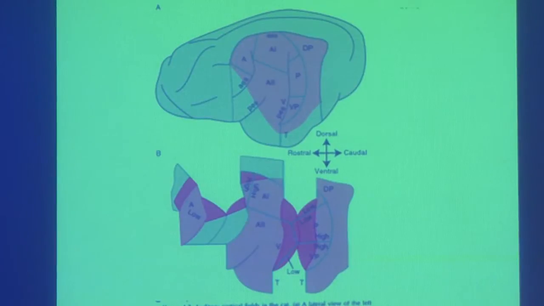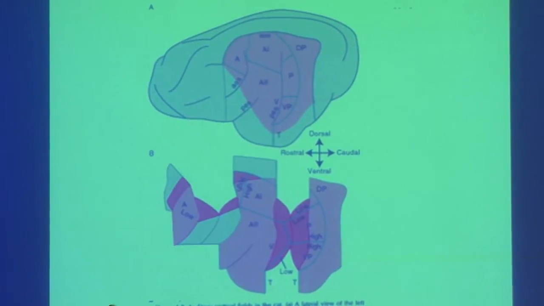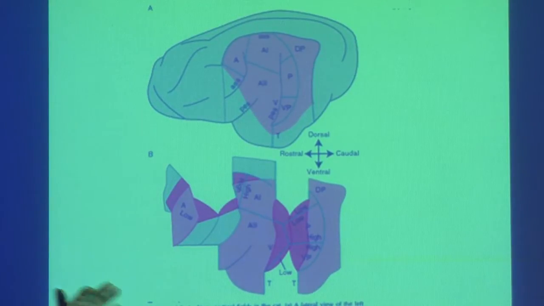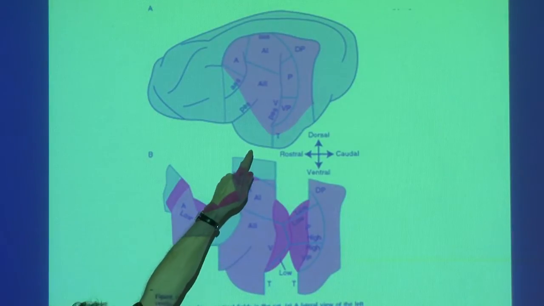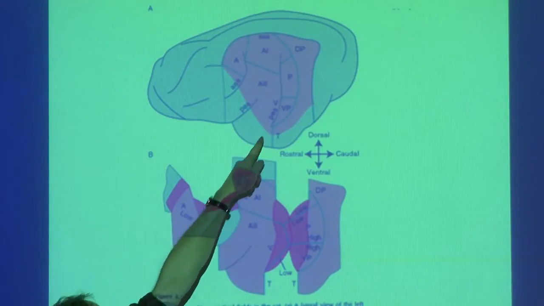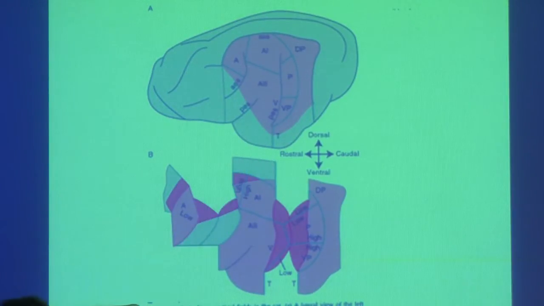And the cat is a nice model for cortex because much of the big auditory cortical field, A1 here, is on the surface. It's on a big gyrus that's accessible. You can get to it, you can record from it, you can make lesions in it. A little bit of A1 goes down into a sulcus, and those sulci are labeled by the lines. This one is labeled PES, the posterior ectosylvian sulcus.